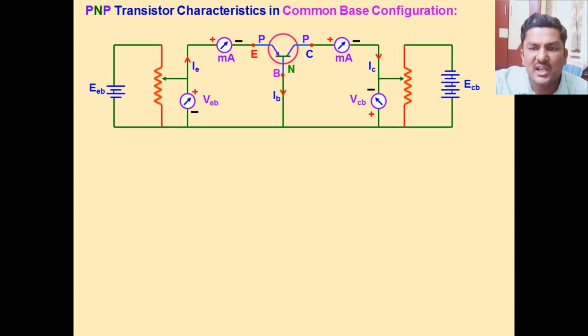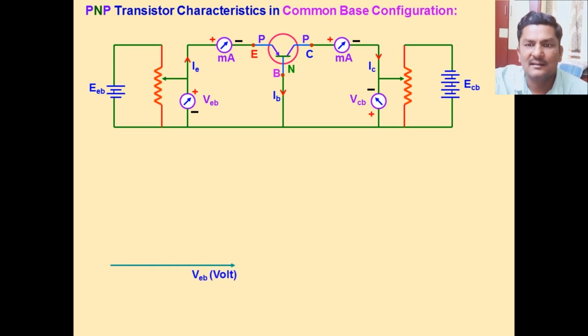To measure the current in an electrical circuit, the instrument that can be used is the ammeter. So this is a milliammeter, and an ammeter is connected in series in the external circuit.